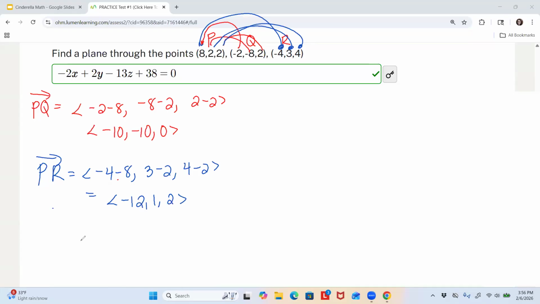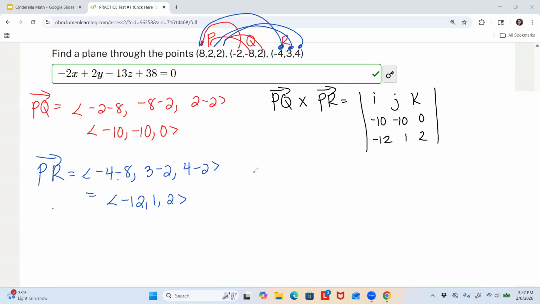Okay. Now, you do that. So you find the vector PQ, find the vector PR, and then we are going to cross them. And the result of that will be the normal vector. So cross PQ with PR. Oh, is my pen giving out again? I, J, K. Negative 10, 0, negative 12, 1, 2.